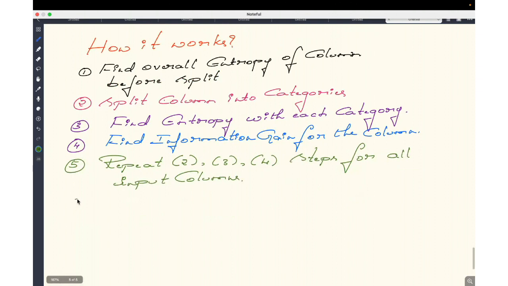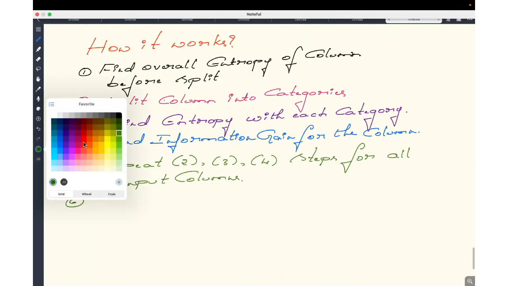So once you repeat the steps, what should be the final thing? Once you find the information gain of all the columns, it's time for making the decision.